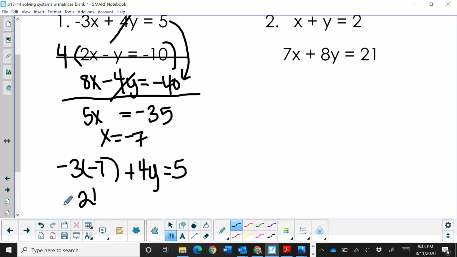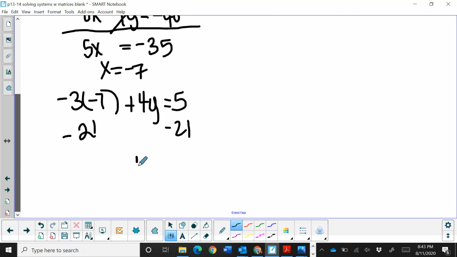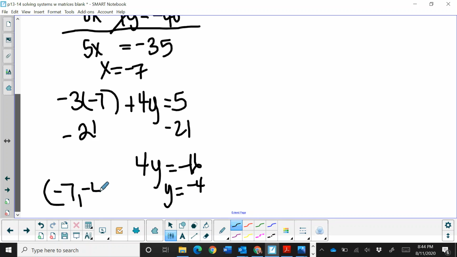And we're going to have to subtract it from both sides. And so that's going to give us 16 over here? 4y is equal to -16. So y is -4. So our answer, remember, is an ordered pair. It's a point where these two lines intersect at (-7, -4).